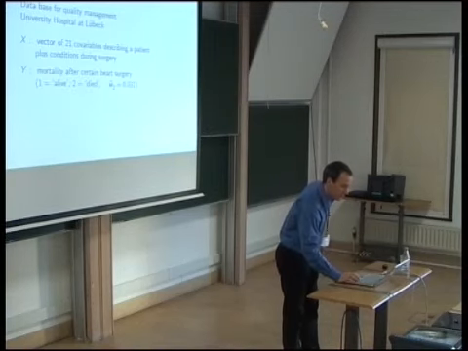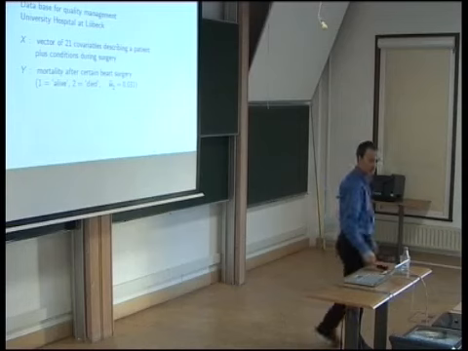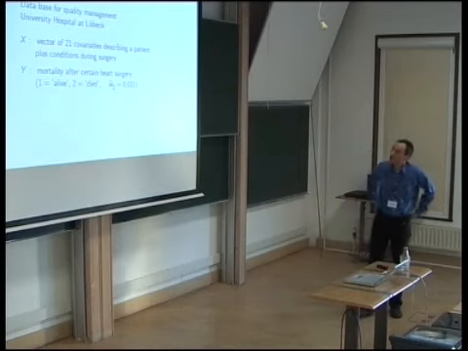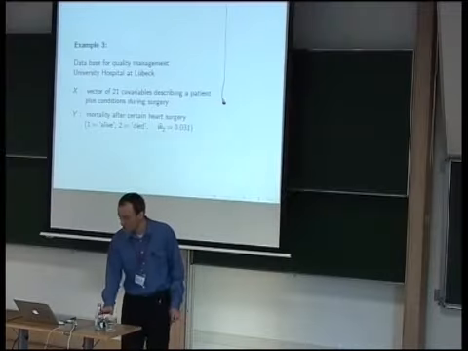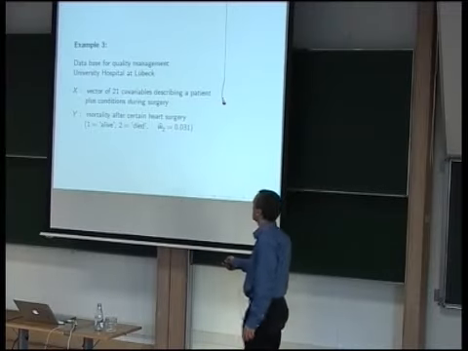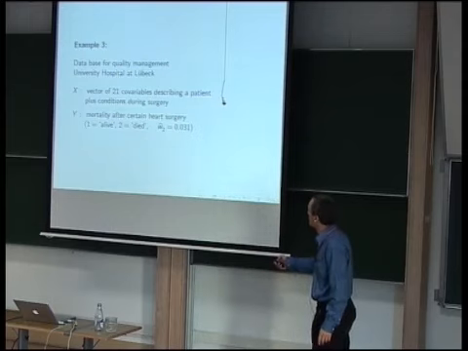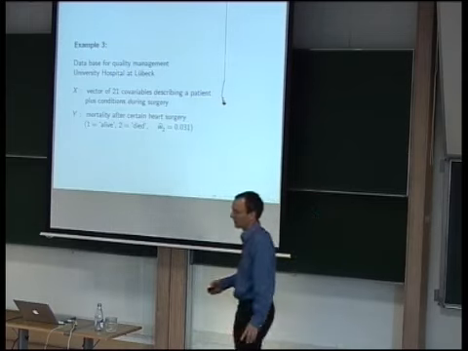He was building up a database for quality management, and he gave us a specific data set where we had patients undergoing a certain type of heart surgery, and for each patient we had a vector of 21 covariables describing the patient himself in terms of age, weight, gender, and whatever, and also the conditions of the surgery. For instance, was it an emergency or not? Was the surgeon experienced or not, and stuff like that.